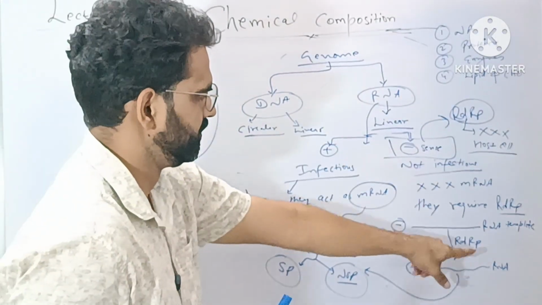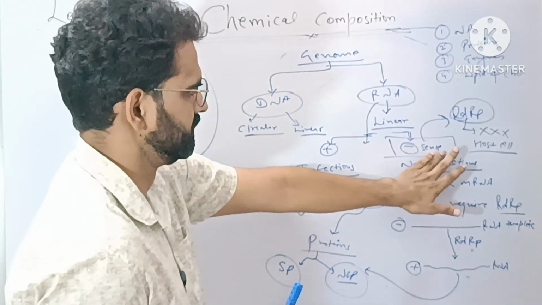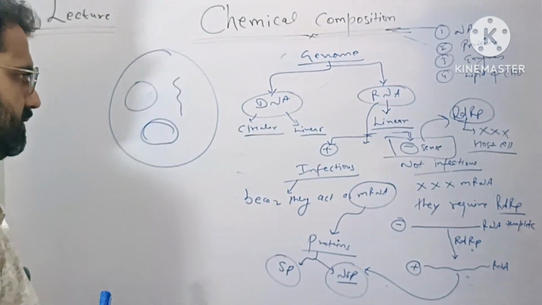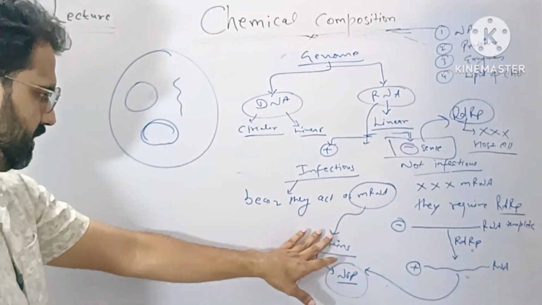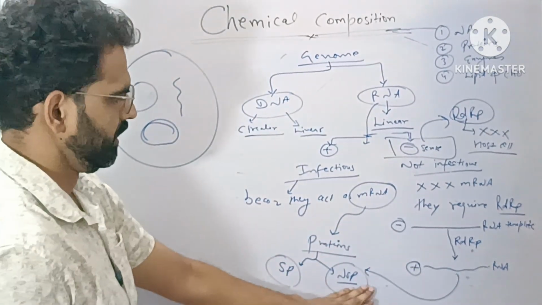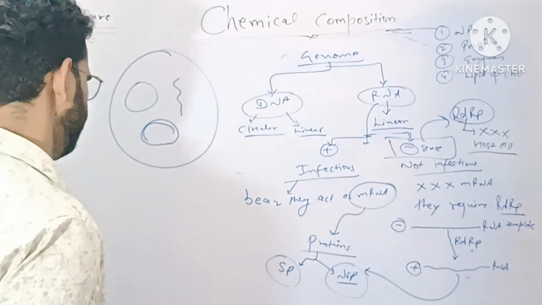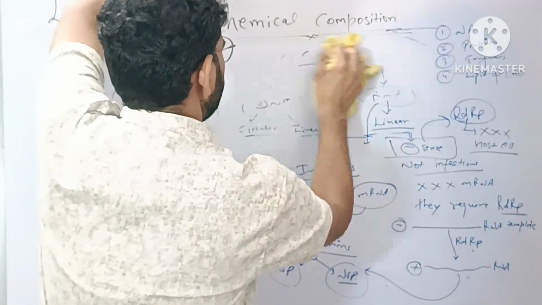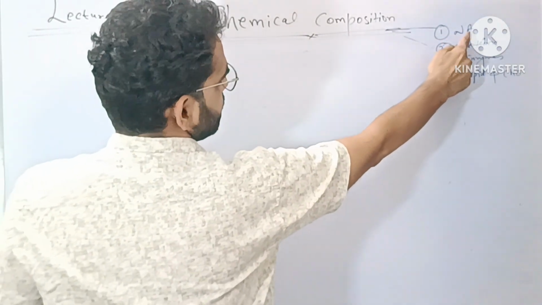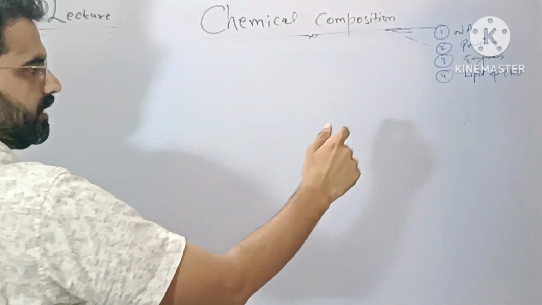So this enzyme is only present in the negative sense RNA viruses. And once they become mRNA, they are able to synthesize structural proteins and non-structural proteins. So first, genome or nucleic acid is over.